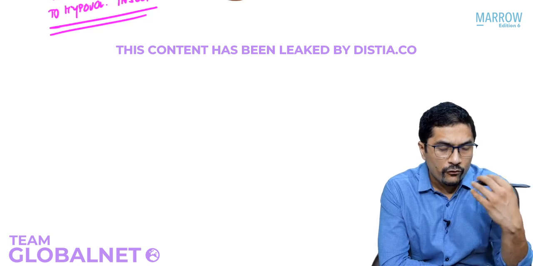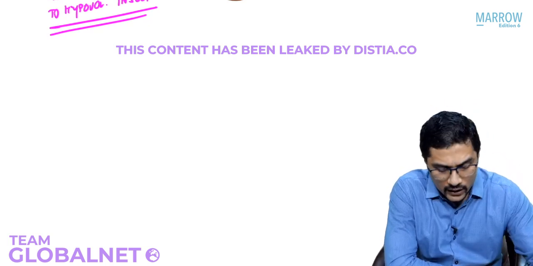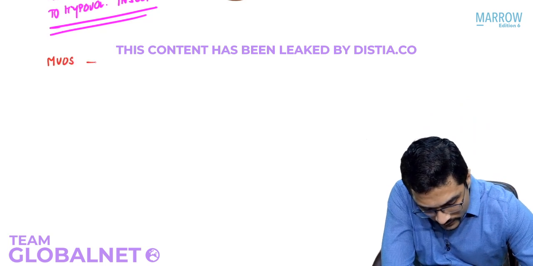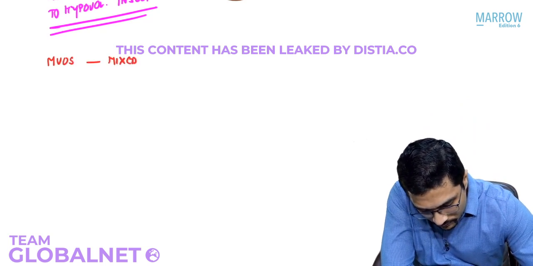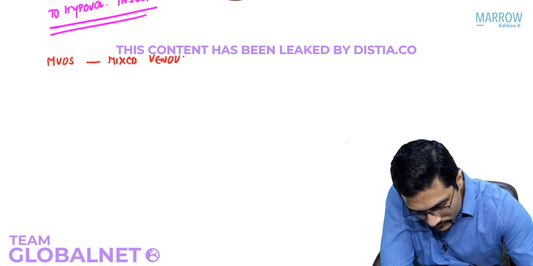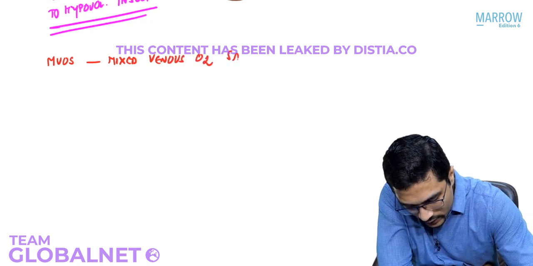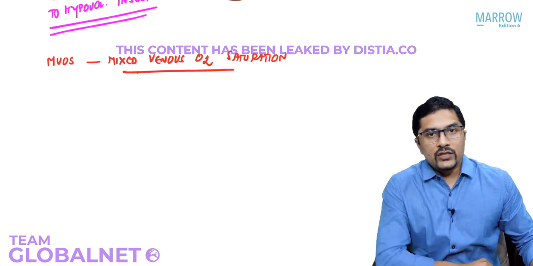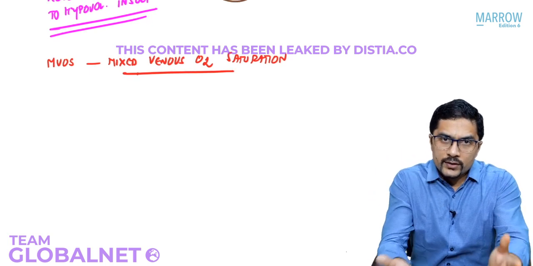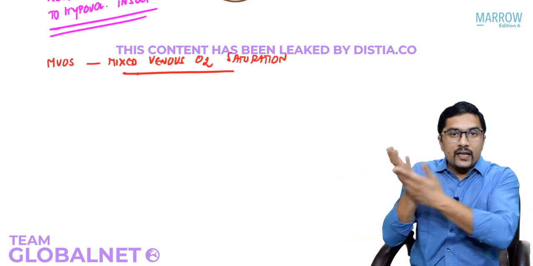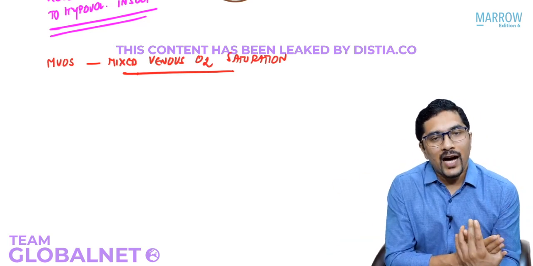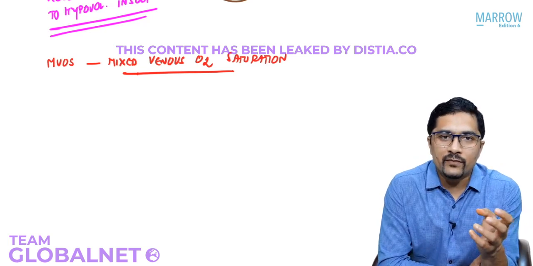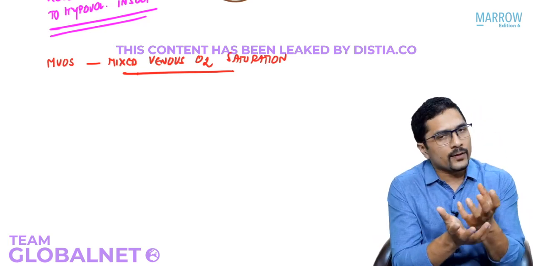Before I move further and tell you more indices, let me tell you about MVOS. What exactly is MVOS? It stands for mixed venous oxygen saturation. This is the amount of oxygen which is returning back to the heart after being utilized in the body. Let me simplify this further.